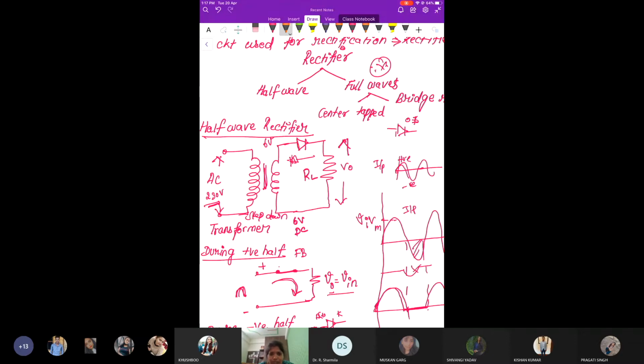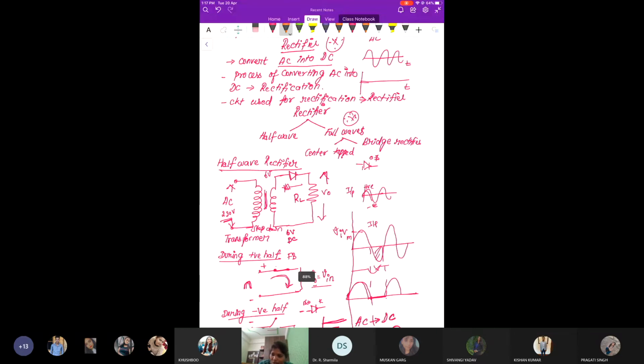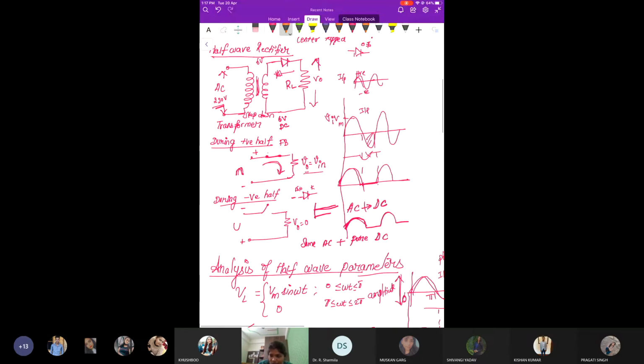Okay. So you know that during the positive half cycle, the diode will act as forward biased. So the output is equal to input, and there will be a current flow. How does the diode act as forward biased? In the transformer input, we are applying the AC signal.